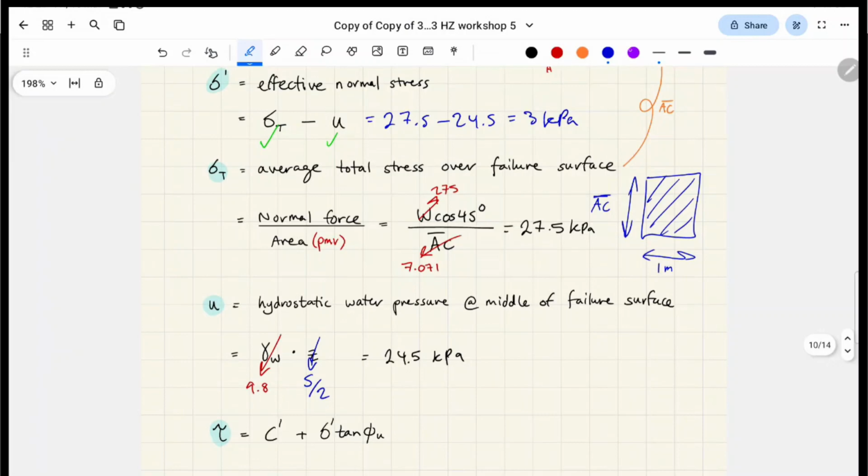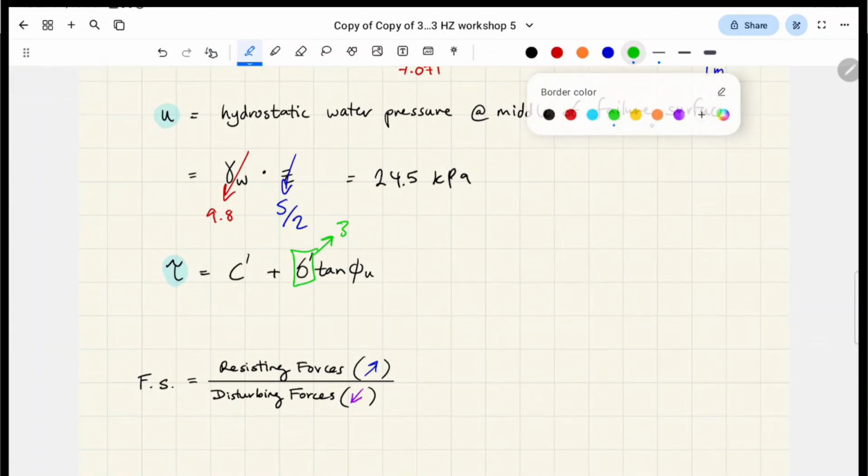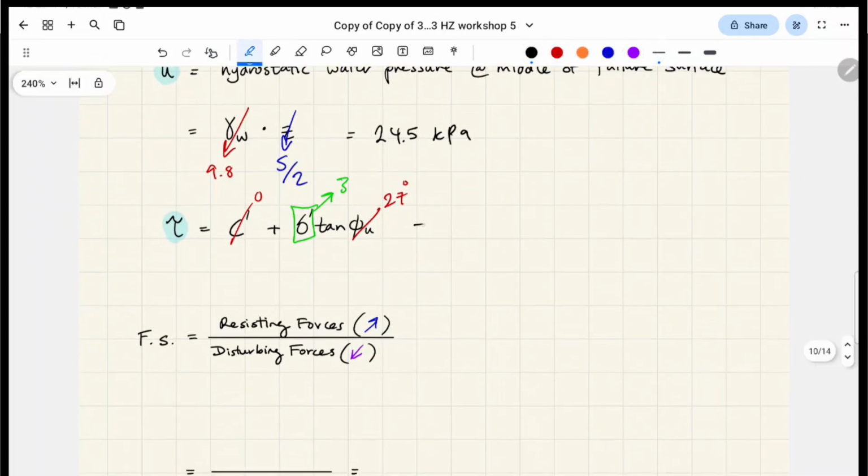So now we have this one, which is 3 kPa. That's here. Plugging everything in as we did before gives us that tau is 1.5286.